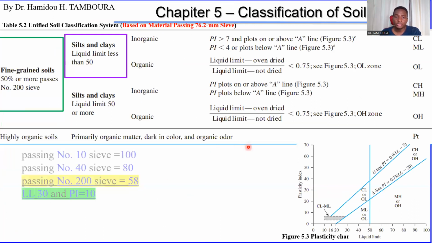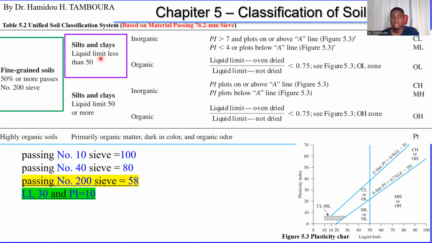Now, let's go to the liquid limit and check if it is more than 50 or less than 50. As you can see, even in the chart here, we have low plasticity here and high plasticity here. In our case, the liquid limit is 30.